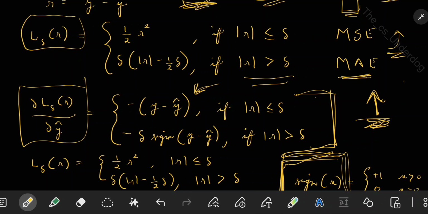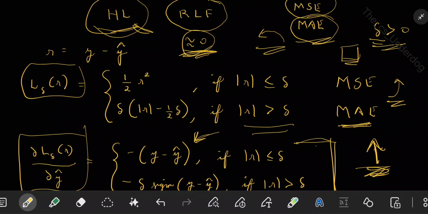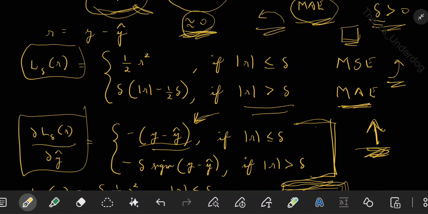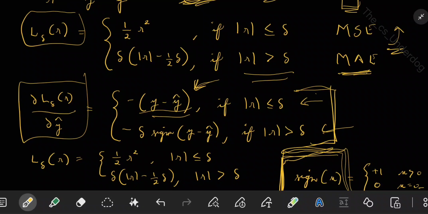Keep in mind, error increases quadratically because of the MSE formula, but your gradient is found by taking the derivative, so when the quadratic term is differentiated it becomes a linear term. That is why your gradient will increase linearly with the magnitude of error in case of MSE. That is this particular case. What about this case? Here it is not linear. It is not dependent on the magnitude.